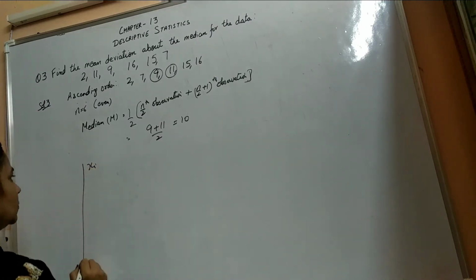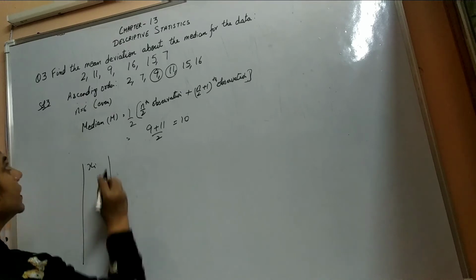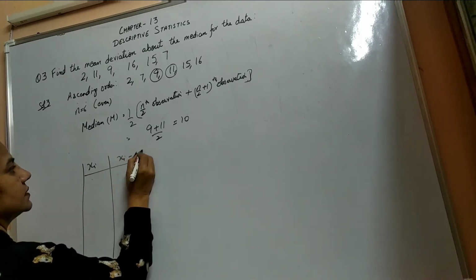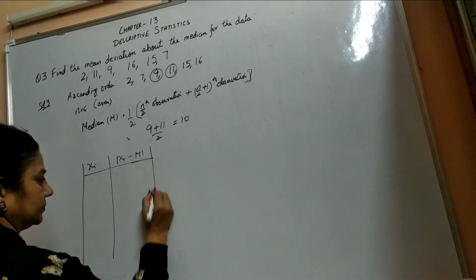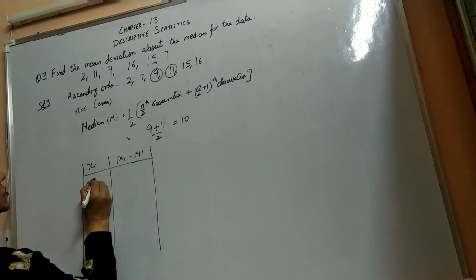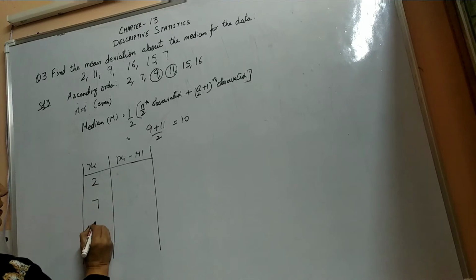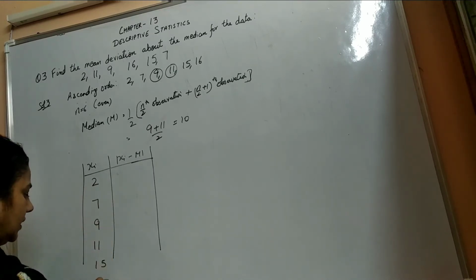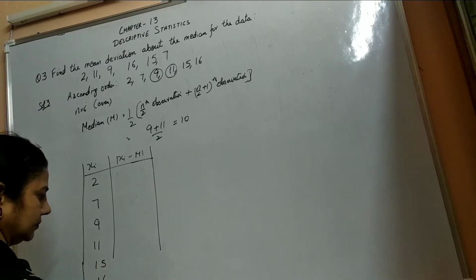Make 2 columns, xi and mod xi minus median. Here 2, 7, 9, 11, 15 and 16.